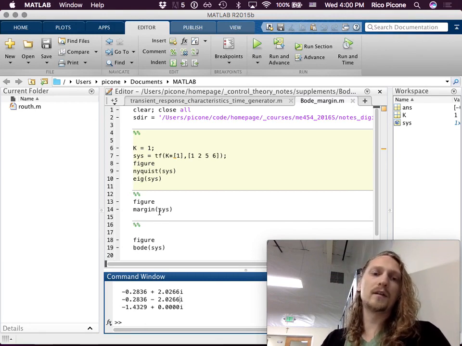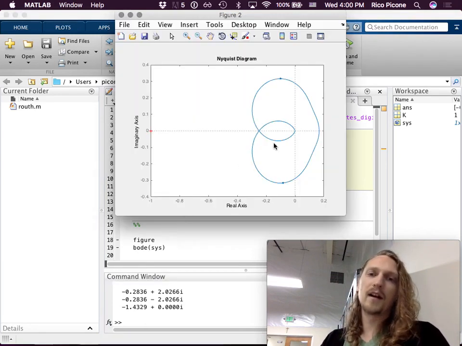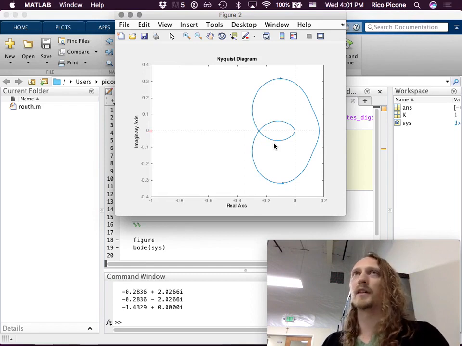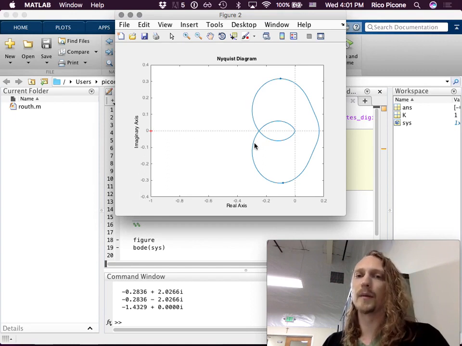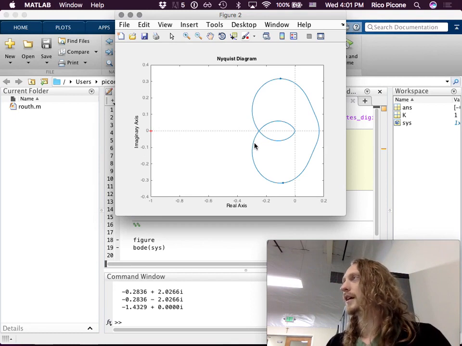We also want to check that our Nyquist plot has two properties. First off, no encirclements at low gain, and that for high gain, there are clockwise encirclements.